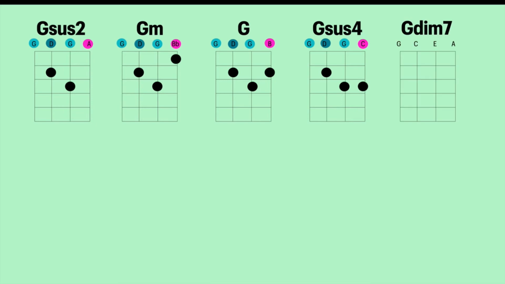And the G diminished seventh could be played with this open G as the root. Now it's on the even fourth string, so we could treat the whole nut as if it's our bar and just fret the 2 odd strings, giving us G, C sharp, E, and A sharp. The C sharp is the sharpened floating note.